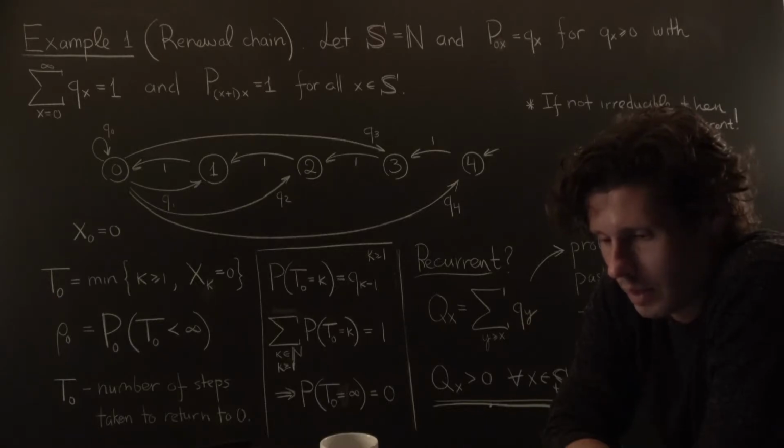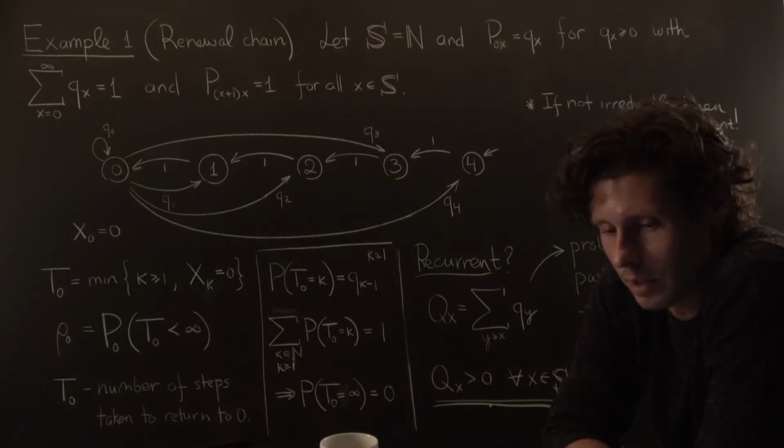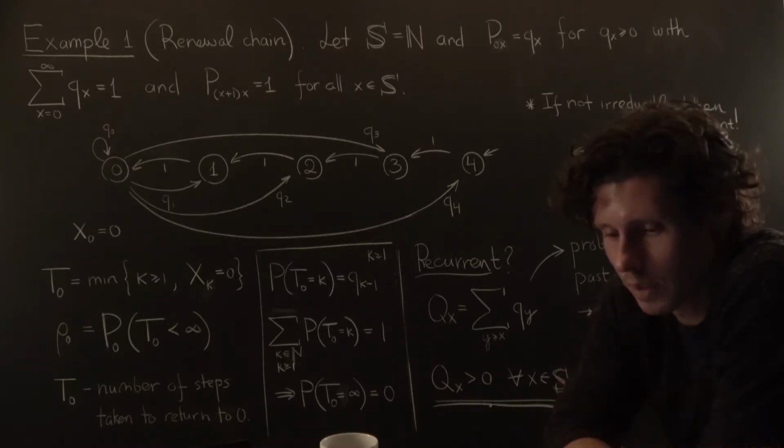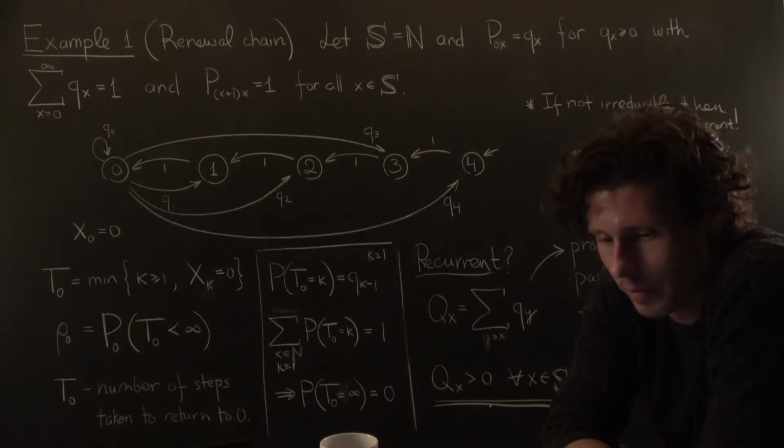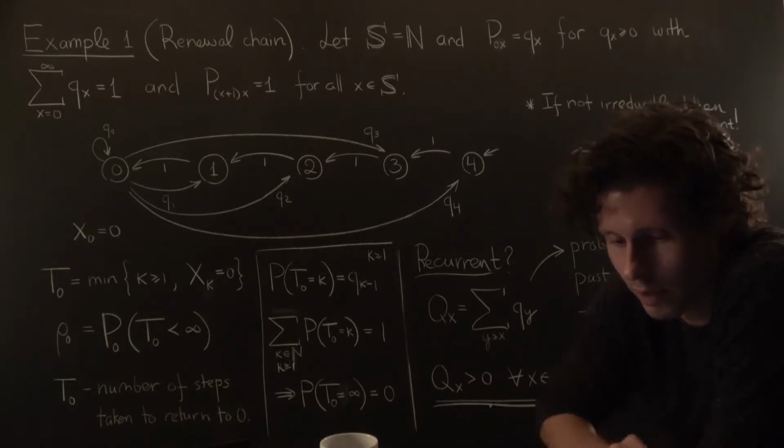That's a bit strange in English, right? Mathematically it's fine, but in English you don't say that. You don't say the return time is infinite, you say you don't return. But mathematically it means you return in infinite time, meaning you actually never return.